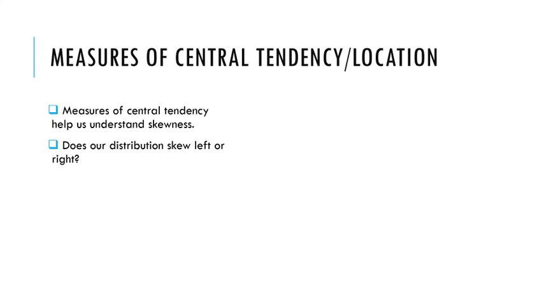I'm going to show you pictures in a second. So we can get a sense from our measures of central tendency if we have skewness, where we have observations pointing to the left or pointing to the right. And so this means that we're going to have these tails of our distribution. So if I'm able to look at my distribution, then I can tell from these tails if I have skewness to the left or skewness to the right.